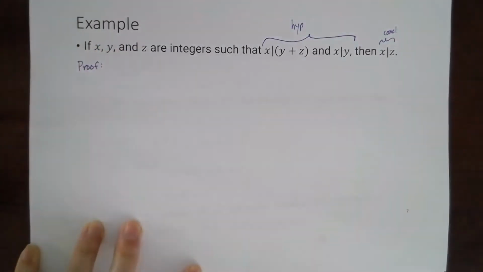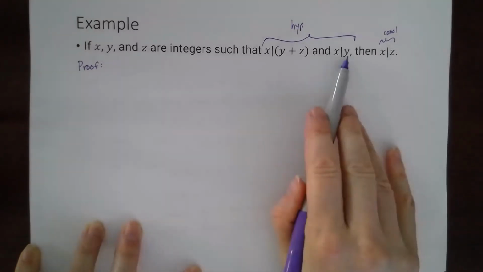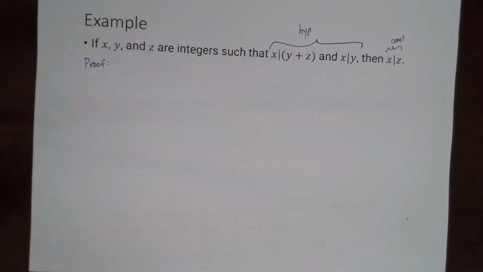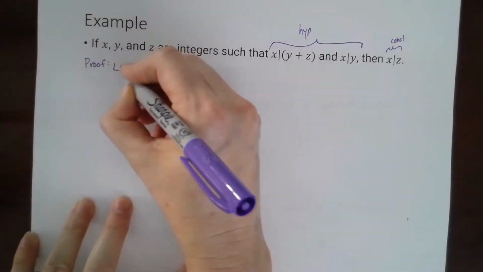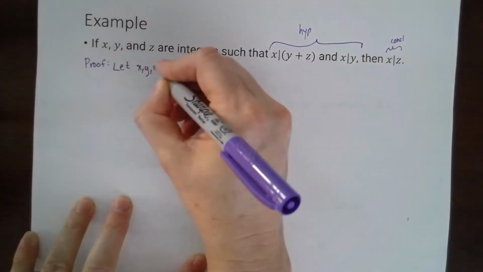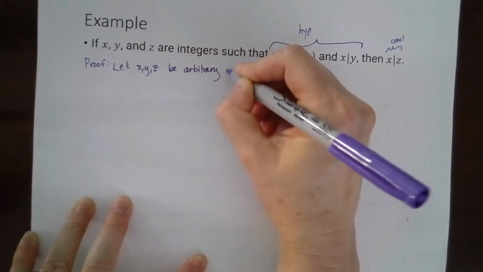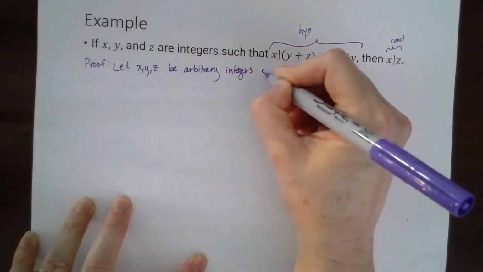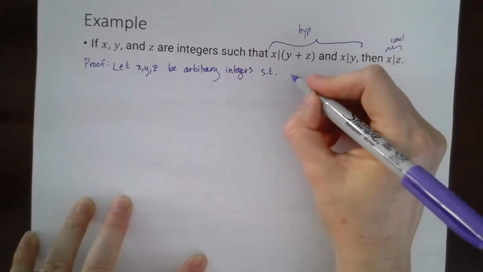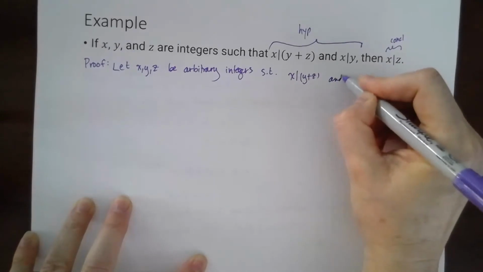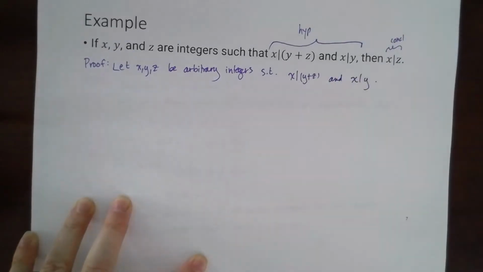Okay, so with a direct proof, we're always going to start by assuming our hypotheses. So we have x, y, and z. We're going to be arbitrary integers. So let x, y, z be arbitrary integers such that x divides y plus z, and x divides y.